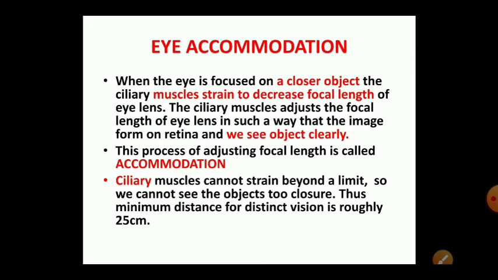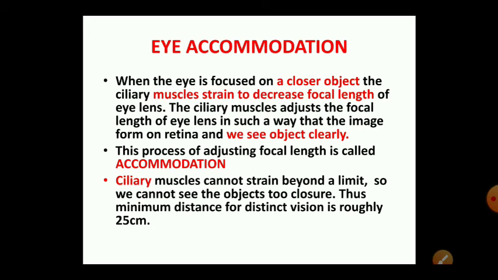When the eye is focused on a closer object, the ciliary muscles strain to decrease the focal length, so that the image forms on retina and we see the object clearly. This process of adjusting the focal length is called accommodation.